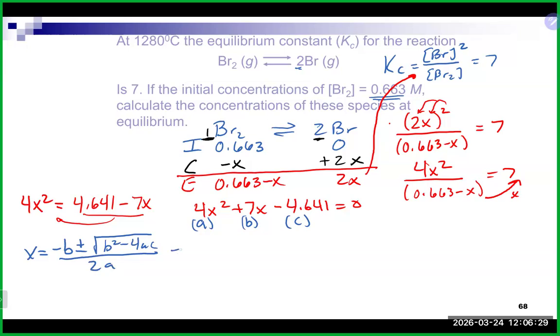Popping in some numbers here, we'll go minus b, which would be minus 7, plus or minus the square root.